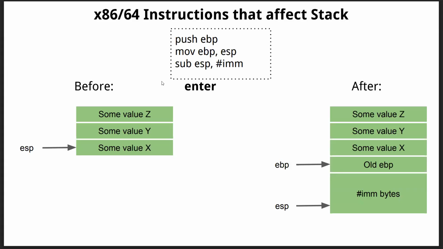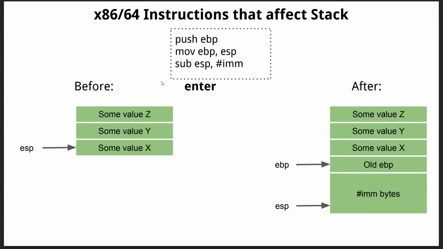After that, ESP will point to here. Then we move ESP to EBP, so EBP points to here. Both EBP and ESP point to here. Then we subtract some numbers from ESP, so ESP moves down to point to here.